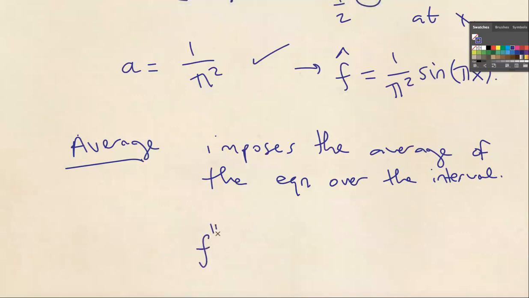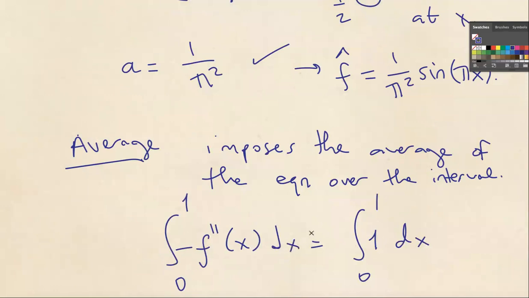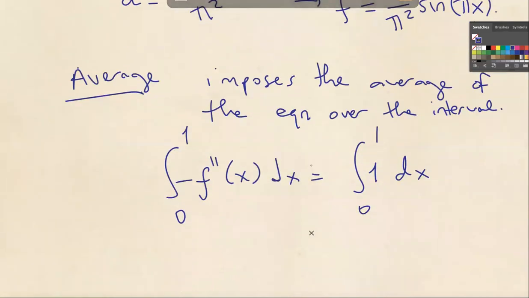I have f double prime, which is negative, so this is equal to 1. So integrate this from 0 to 1 dx. This is going to help us find the a, but by imposing the equation as an average.